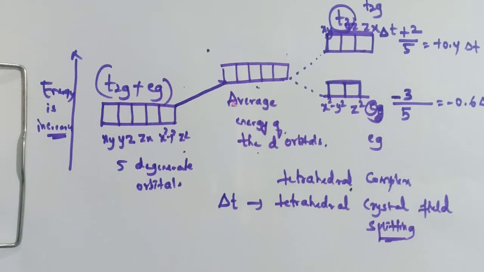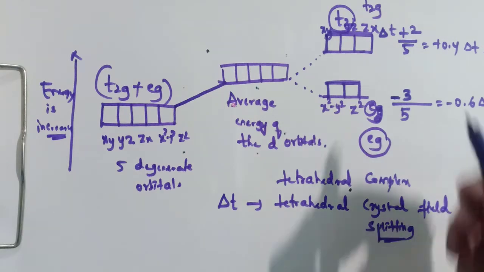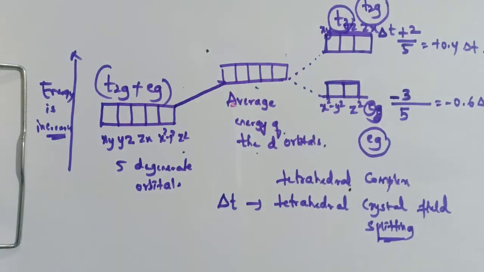See here, what is the definition of tetrahedral crystal field splitting? It is the difference in energy between the lower energy Eg orbitals and higher energy T2G orbitals.